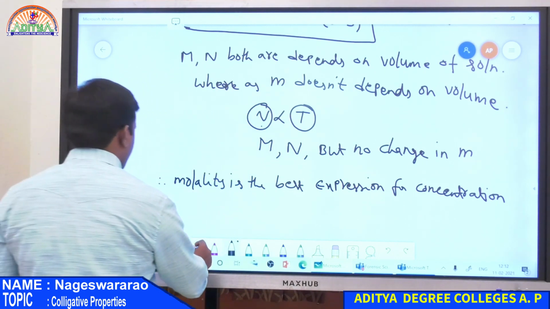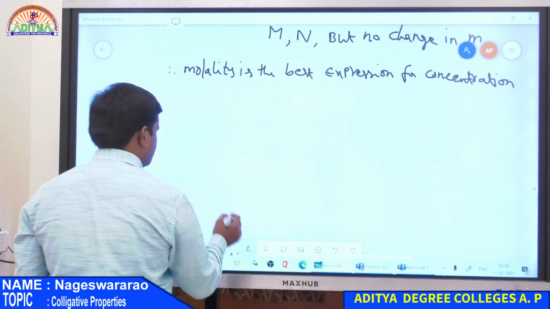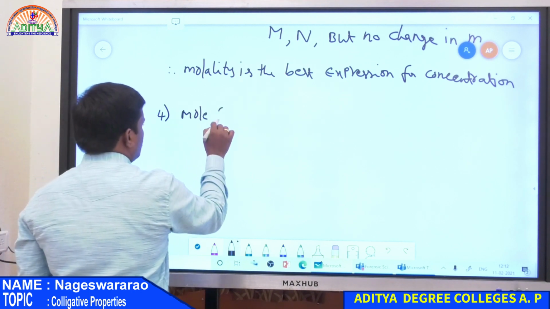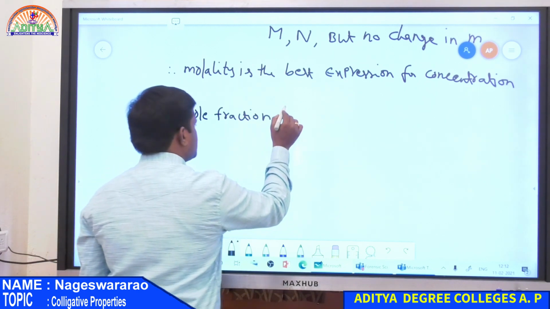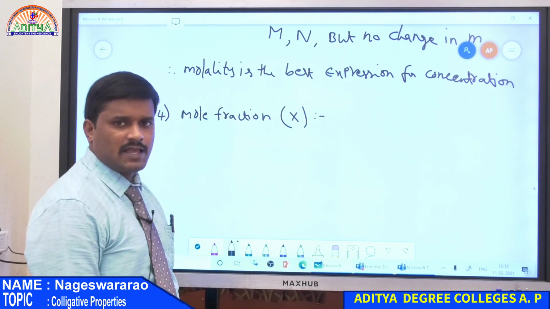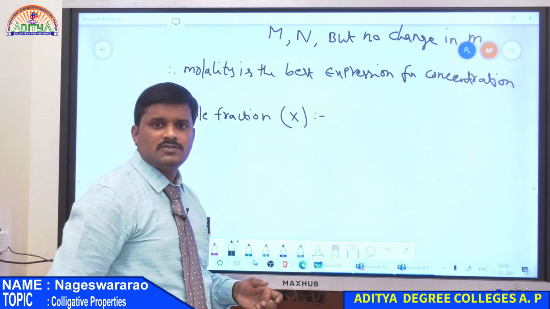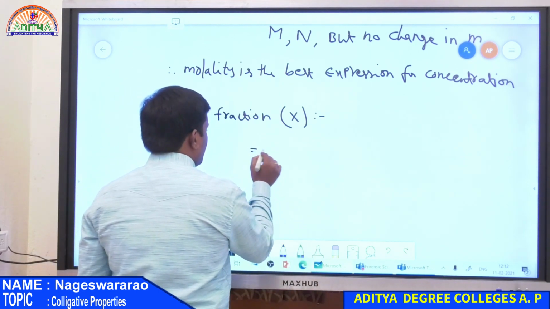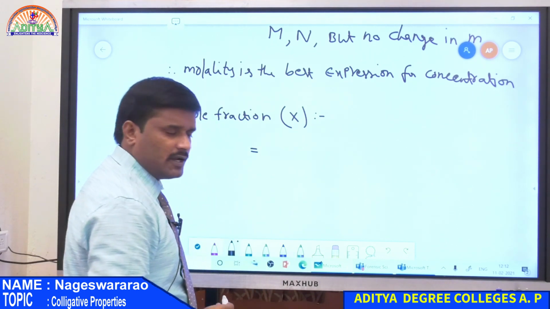Now the fourth one is mole fraction. The fourth expression is mole fraction, in brackets x. The mole fraction of one component present in a solution is always equal to the ratio between the number of moles of that component and the total number of moles of all components.